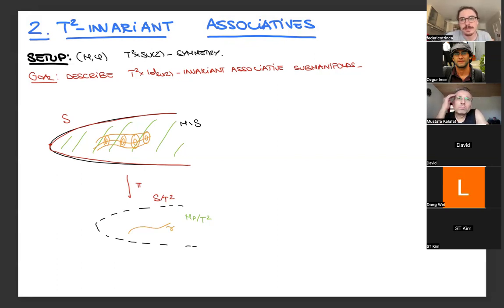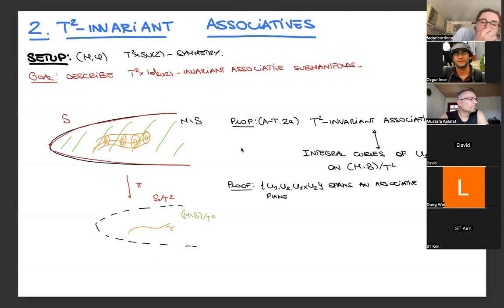And conversely, if you start from a curve gamma on the quotient space and you pull back, then you're taking the donut trail above your curve gamma. So this is a three-dimensional subspace.